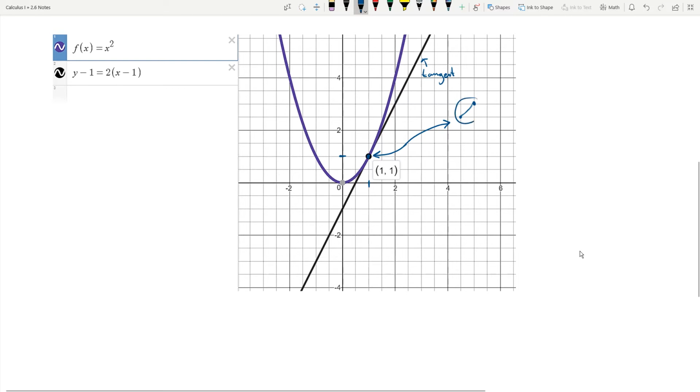And again, this would be magnified where the distance between those 2 points would be near 0. So that's what we're doing. We're finding an instantaneous velocity, or we're finding that exact slope at one point on the function's curve.